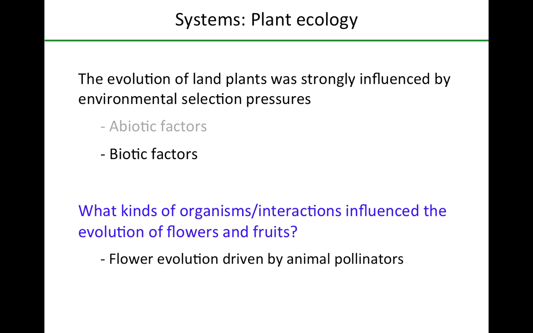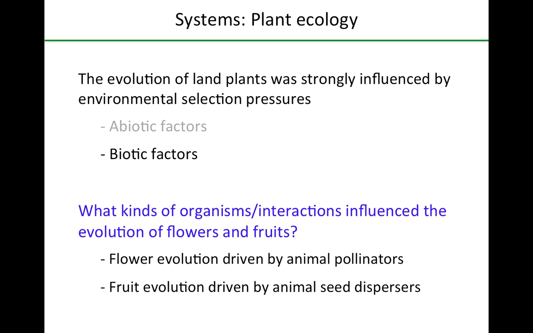So animals that were able to fly, that were able to carry pollen from plant to plant, would have been strongly influential on the evolution of flowers. And then if we think about fruits, fruit evolution was driven a lot by animal seed dispersers. Okay, so animals that eat fruit and then take the seed to a better location.